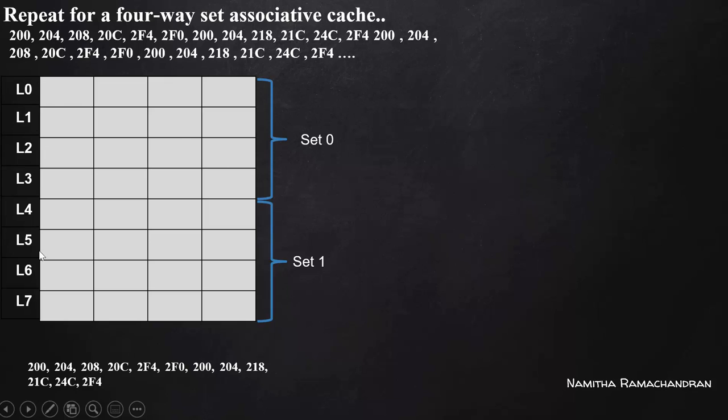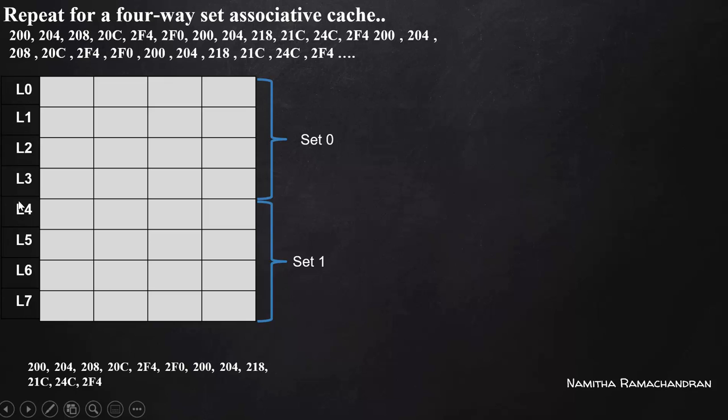Total 8 cache lines are available here. So how many sets are possible? Only 2 sets. Total 8 lines, 2 sets, 4 lines per set.